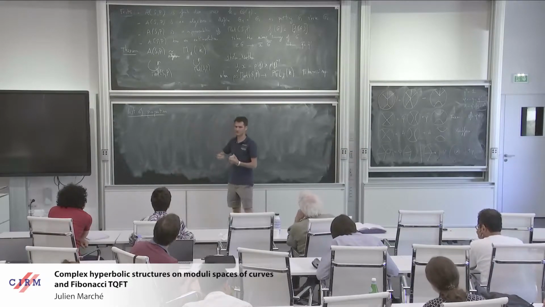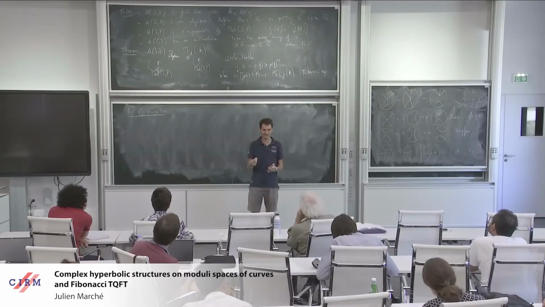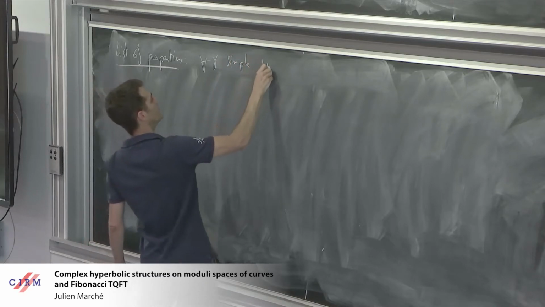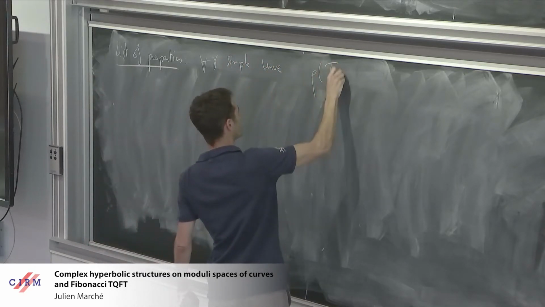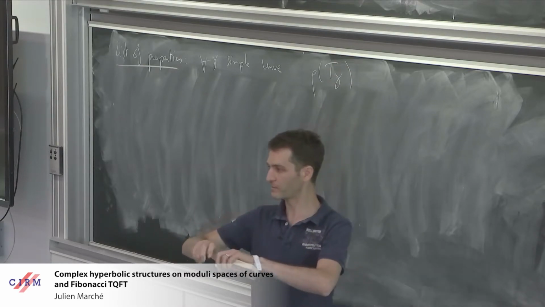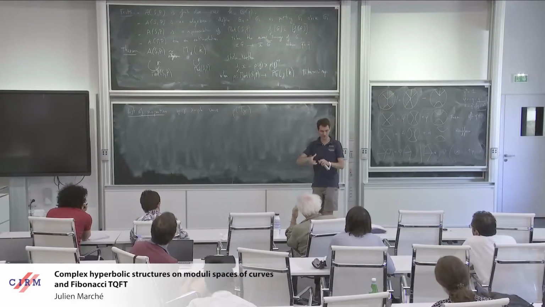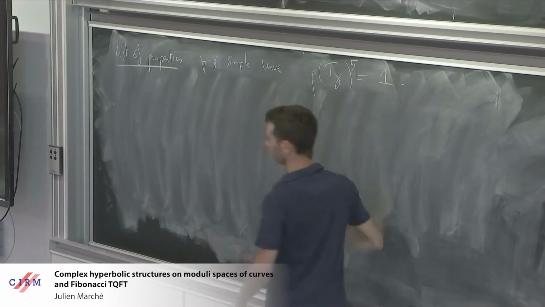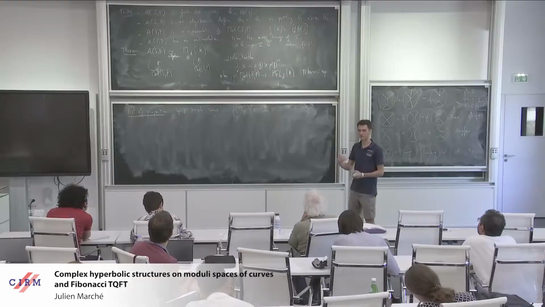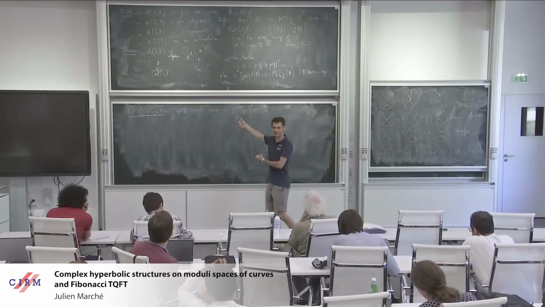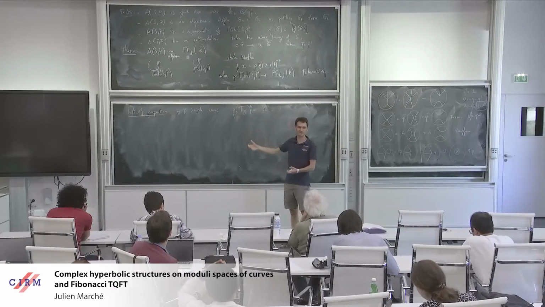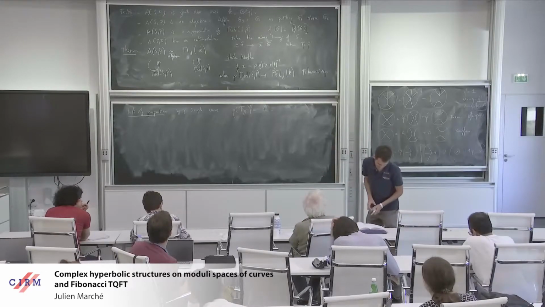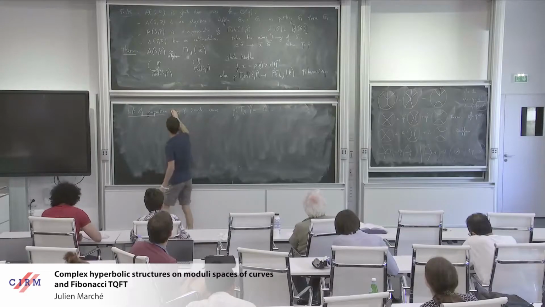Because it's constructed using a fifth root of unity, for any simple curve gamma, if you take T gamma, which is a Dehn twist, the simplest element in the mapping class group, just a Dehn twist over a simple curve, this has order 5. And this is because you used a fifth root of unity. There is a similar construction for any other number: you replace 5 by what you want. But here it's 5.